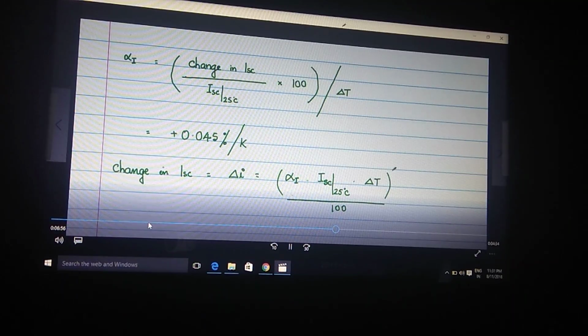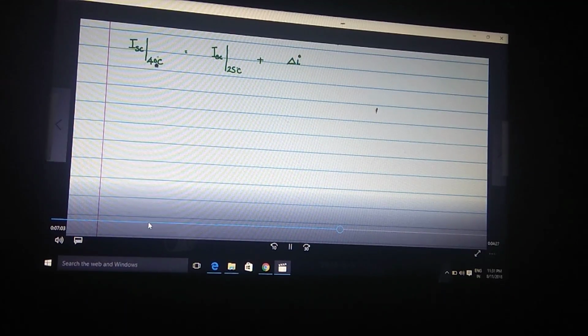Now substituting it in the ISC equation, we find ISC at 40 degrees centigrade is equal to ISC at 25 degrees centigrade plus delta I. The delta I can be replaced like this: alpha I, the temperature coefficient of ISC as given in the data sheet, into ISC at the reference temperature of 25 degrees centigrade, into delta T, the difference in temperature, by 100.